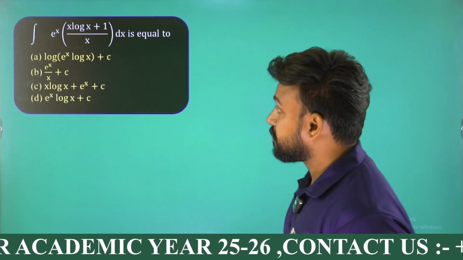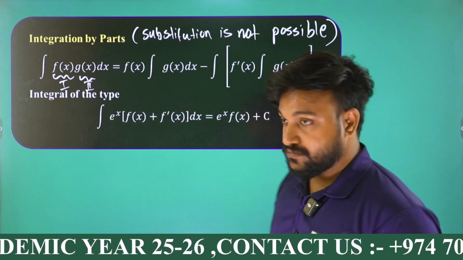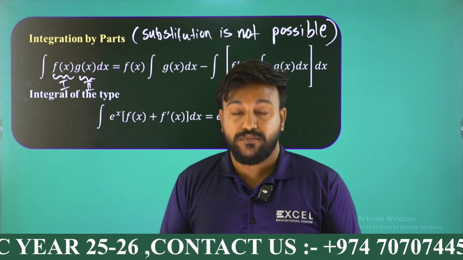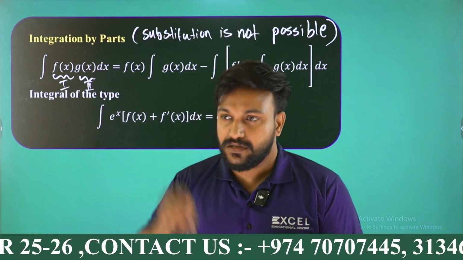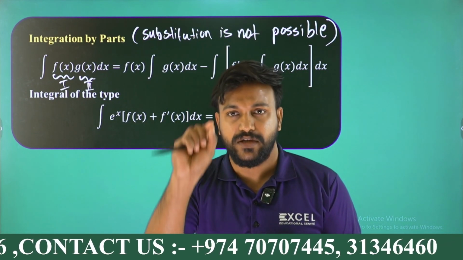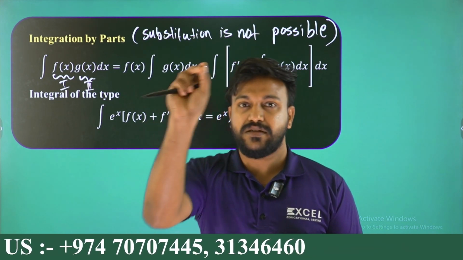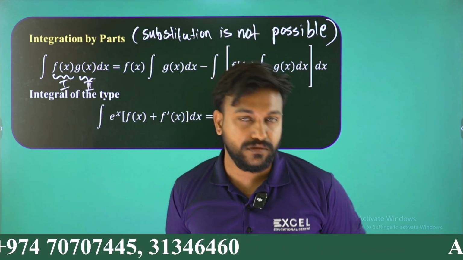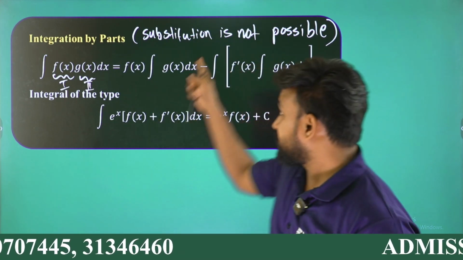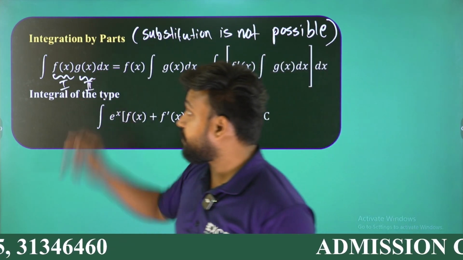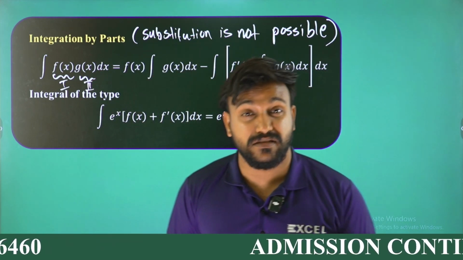When you use integration by parts, you will get a question like this and integrate. You have to know how to do substitution or integration by parts. First of all, try substitution. Can you find some function, substitute it, differentiate it? When the derivative is in the function, you can continue substitution. But if the substitution fails, integration by parts is the only way.